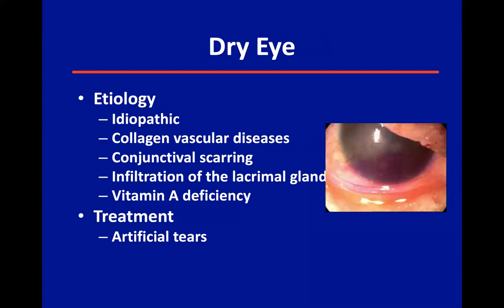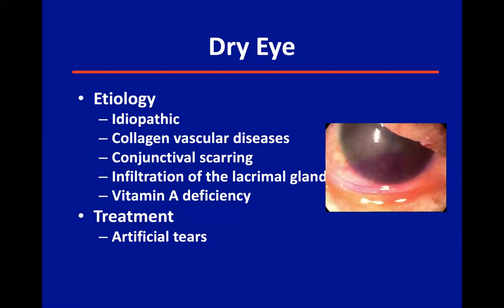Again, what's the etiology? It could be just idiopathic, collagen vascular diseases, conjunctival scarring, infiltration of the lacrimal gland, vitamin A deficiency. And in this part of our world, it's just simply because of the heat and the dust. This usually is the main cause of the dry eyes. How do you treat them? By artificial tears. They can pick up from any pharmacy.